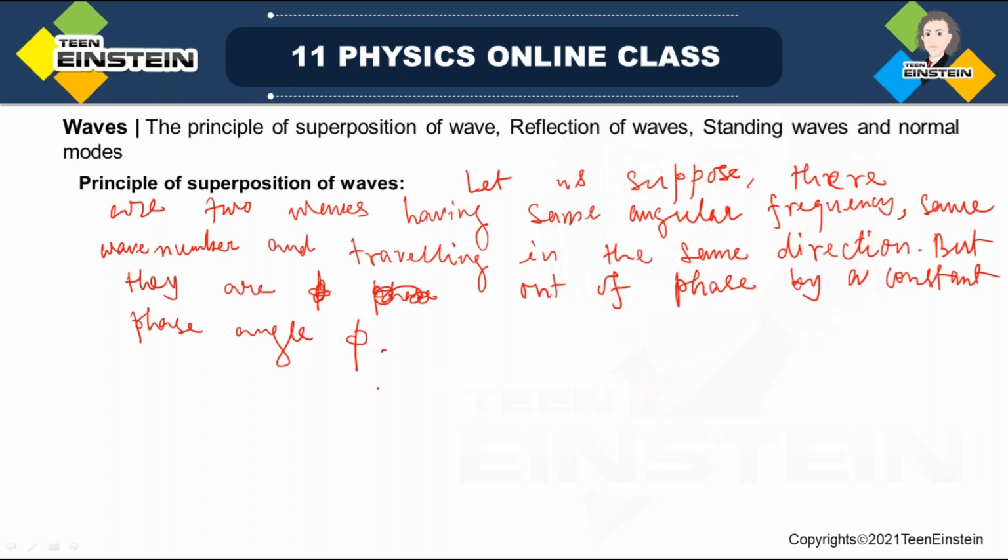So there are two waves, I said. Suppose one wave is y1, and obviously you can write it as a function of x and t.